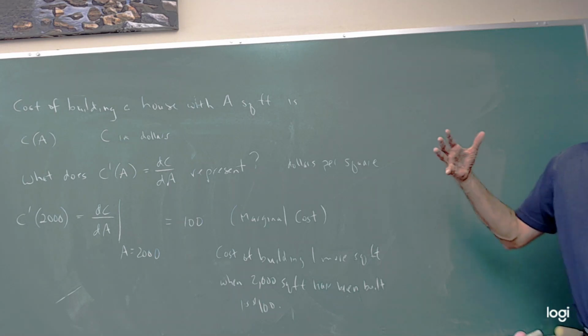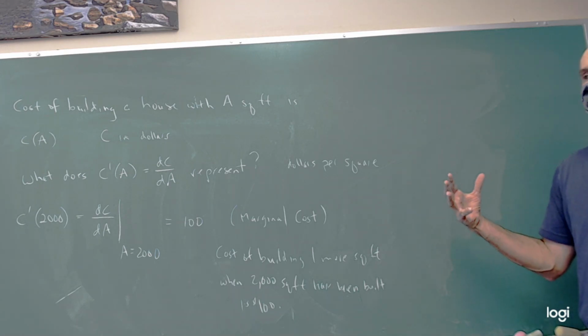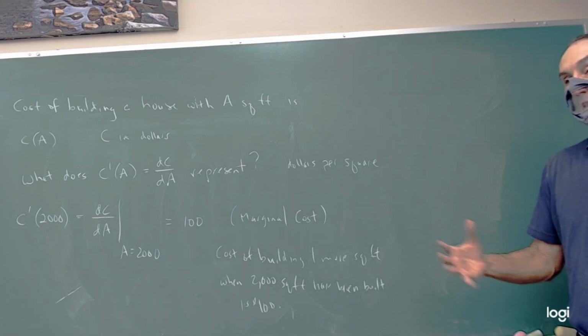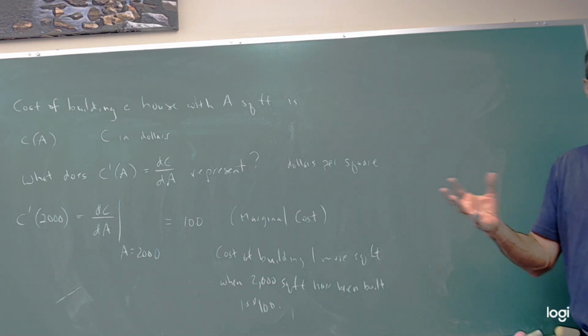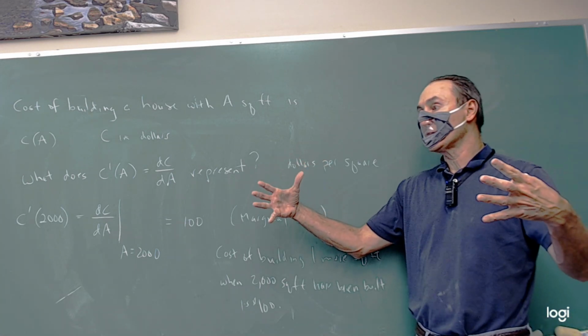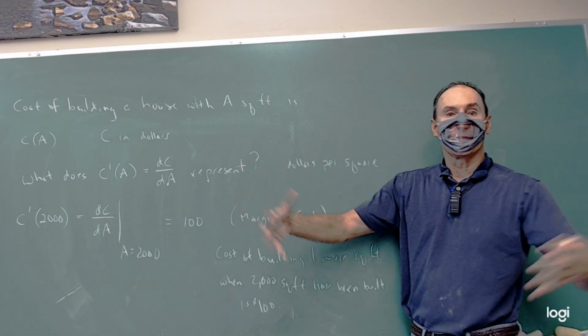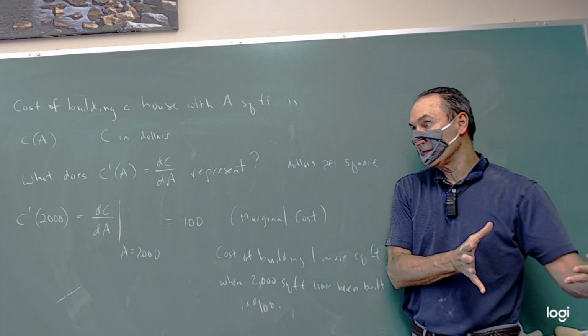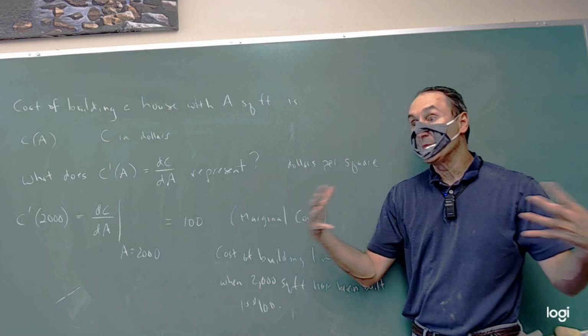So the idea is when you first build a house, there are going to be a lot of expenses up front. You've got to dig, you've got to lay the foundation, all that stuff. But once you have a house of a certain size, adding another square foot or a few more square feet is not going to be as expensive as the initial build.